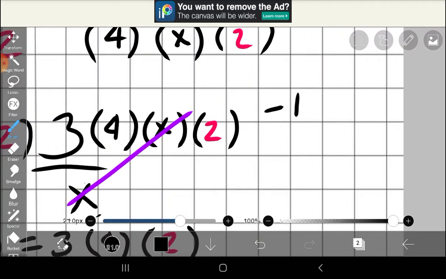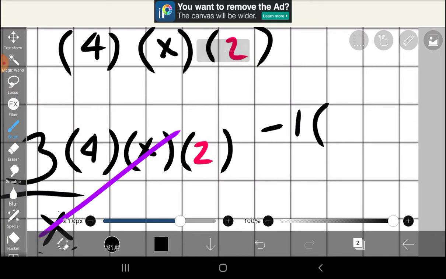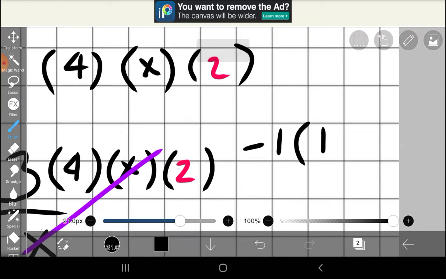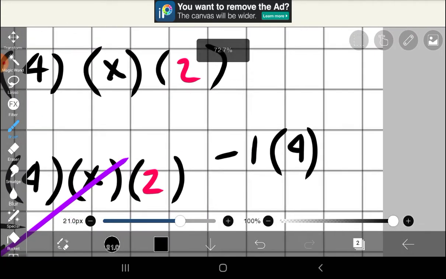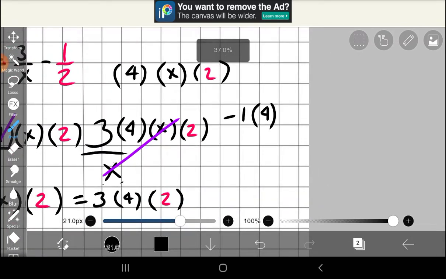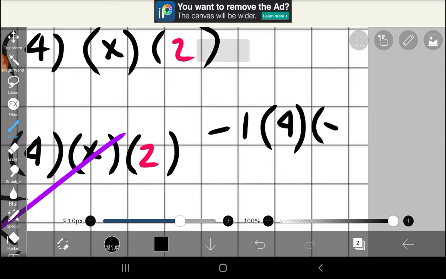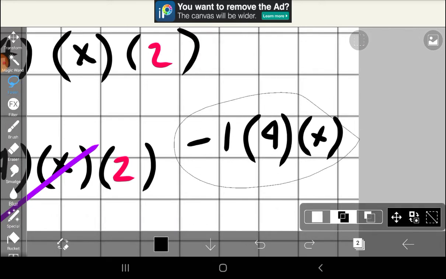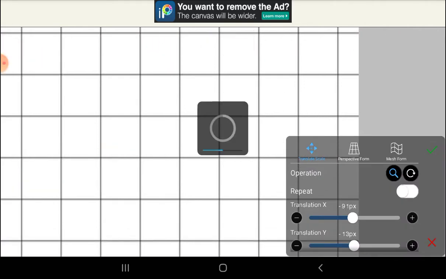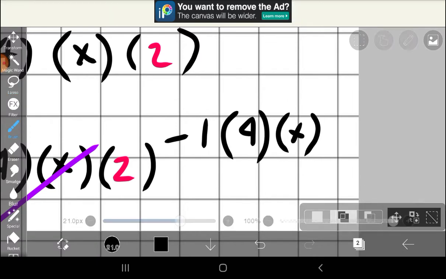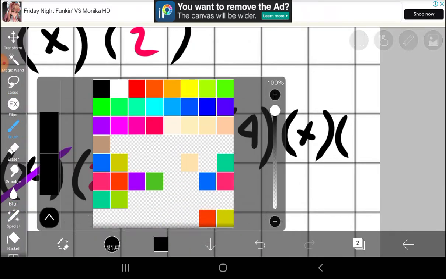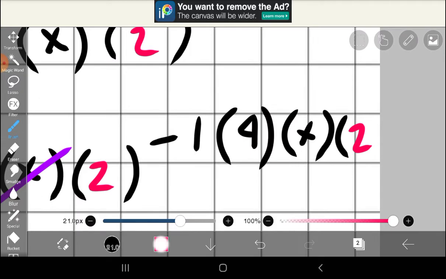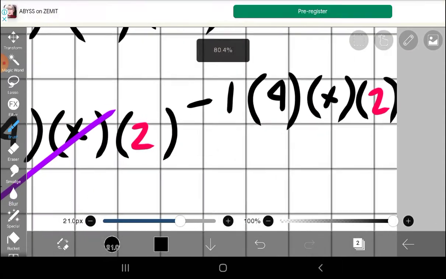So negative 1 multiplied by 4 multiplied by x and then multiplied by 2.